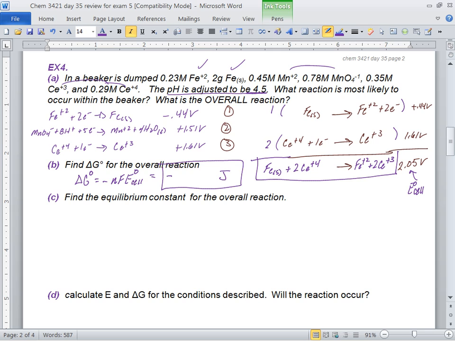Negative 395.6 kilojoules. Oh, kilojoules. Okay. Or 3.95 times 10 to the 5th, right? Negative. So somewhere around there, you're doing good. Find the equilibrium constant.